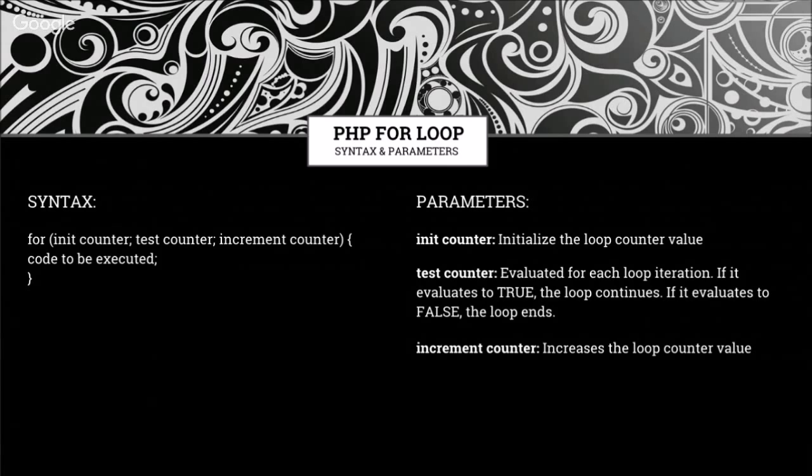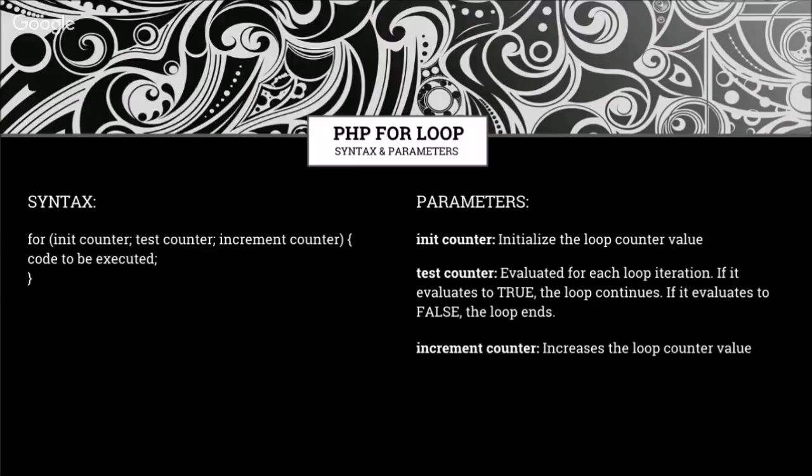For instance, the counter, which is basically the value with which the loop is going to start, and then the test counter, which tells you how far this loop is going to go, and it's going to be checking on every iteration to make sure that the value is within that scope, that frame.